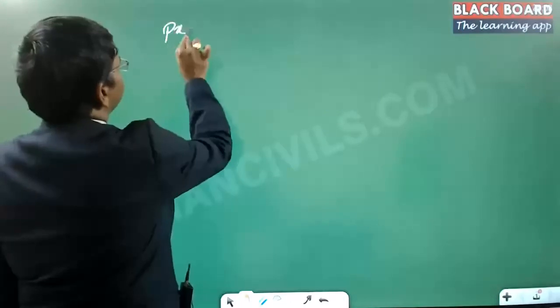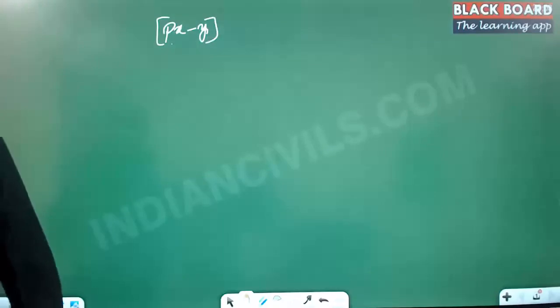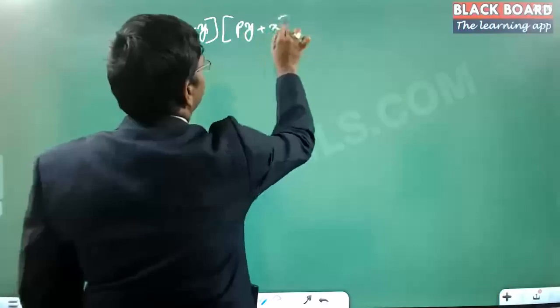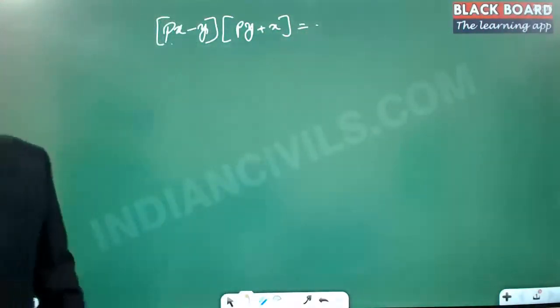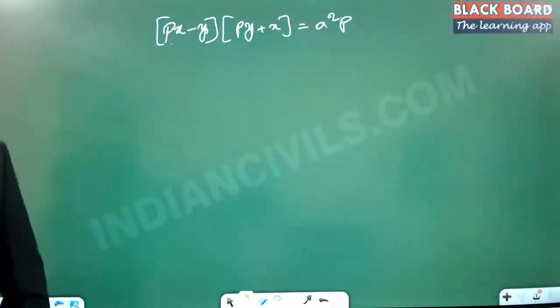So let me explain that. Okay, the problem statement that I gave is (px - y)(py + x) = a²p.